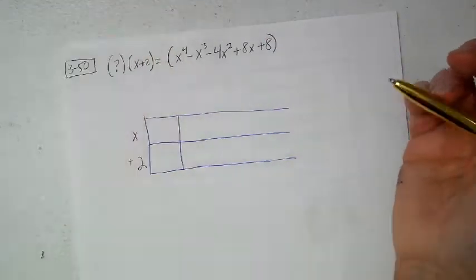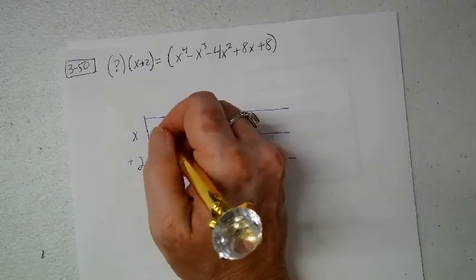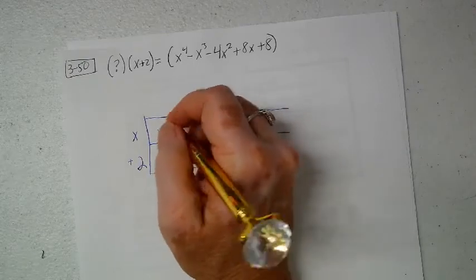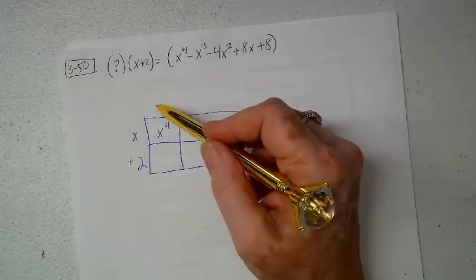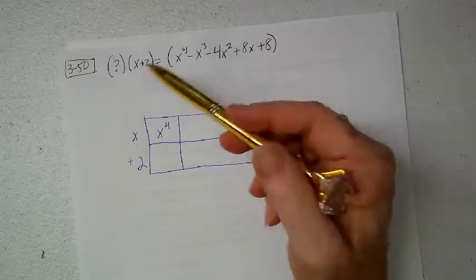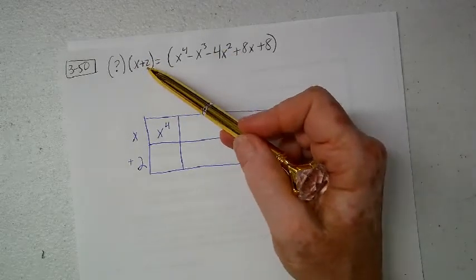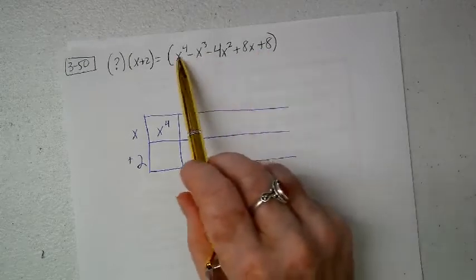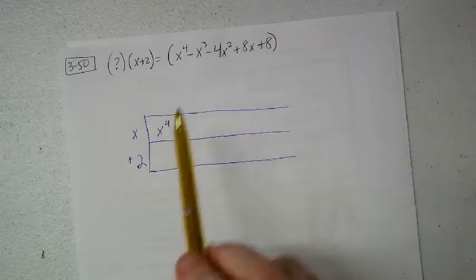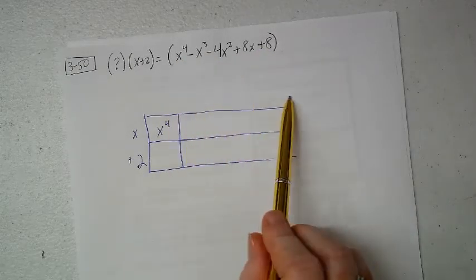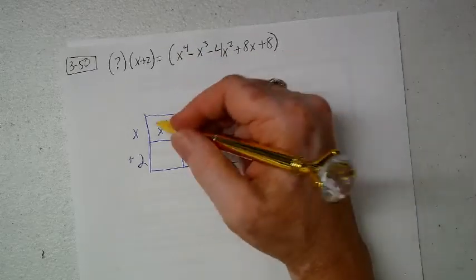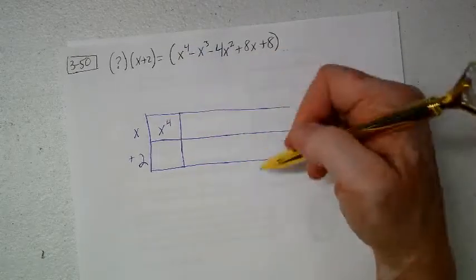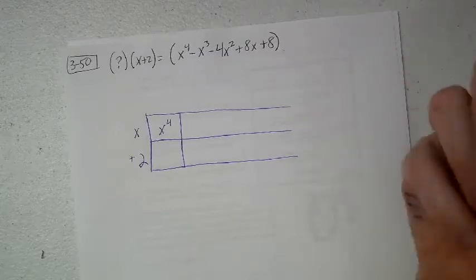So I'm going to put that in here automatically. What I'm trying to find is this number up here, because it says x plus 2 times what equals this quartic. I didn't really know exactly how many boxes to make. I think I'll work on that right now.